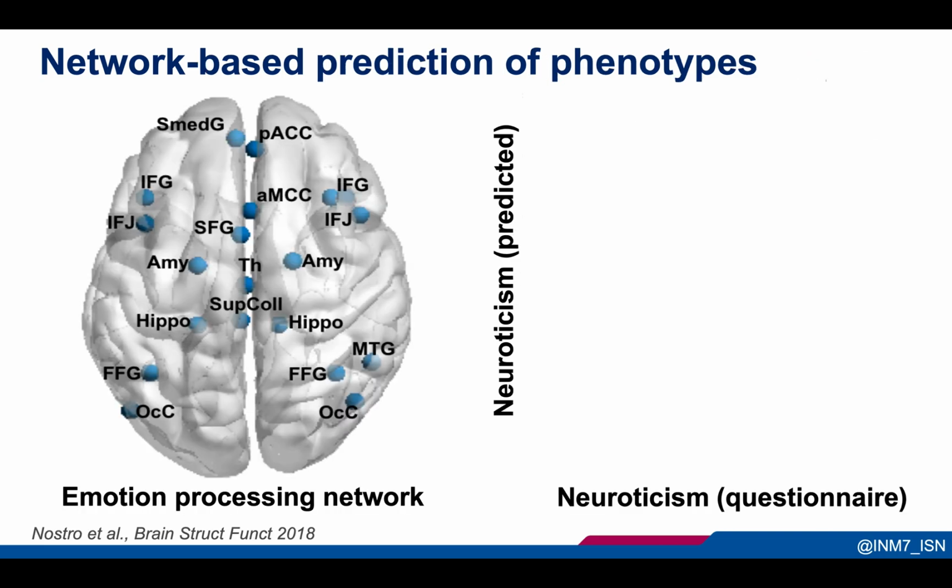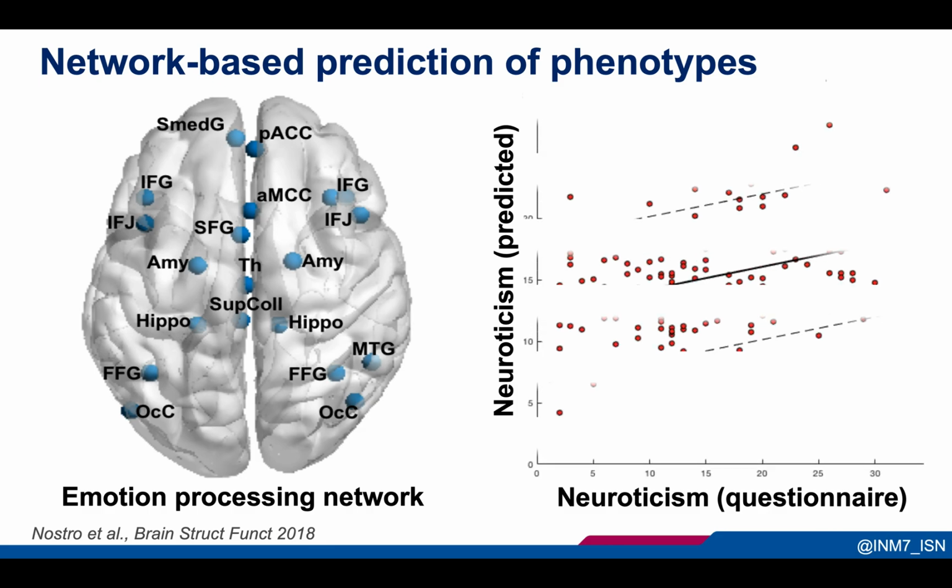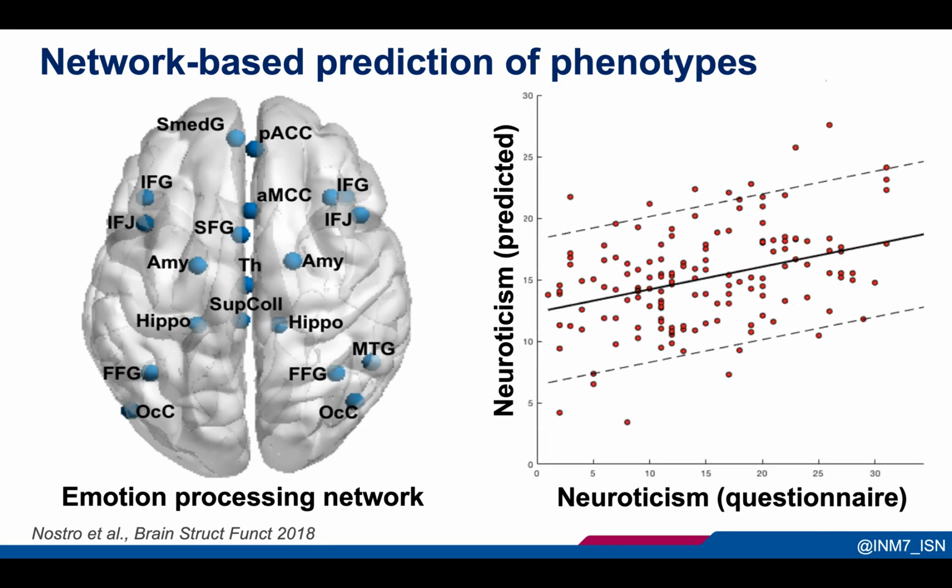Now the question is, if we look at these networks and look at these network-specific connectomes, can we train machine learning models in the very same way as I've shown for structural data to then infer individual phenotypes? And here's an example where we looked at the emotion processing network, predicting behavioral traits, more precisely predicting personality.